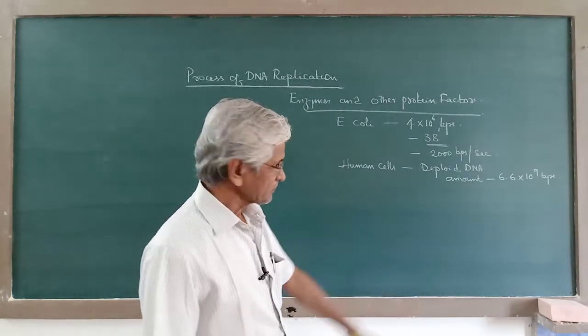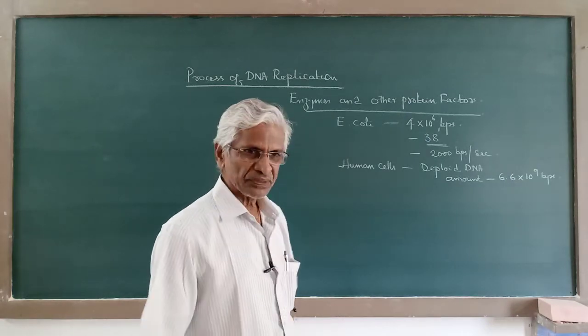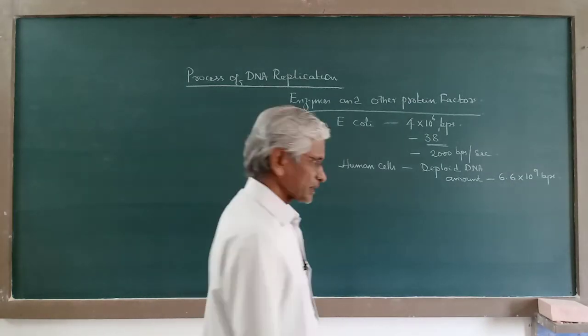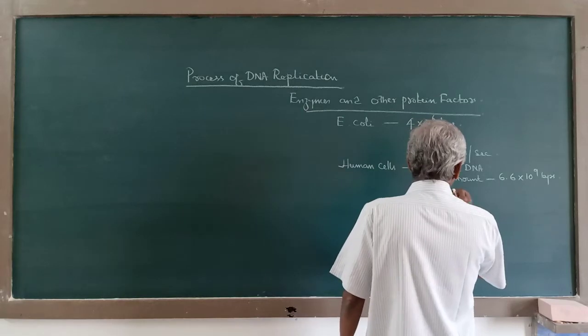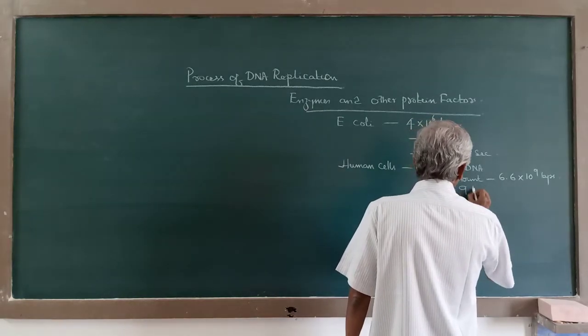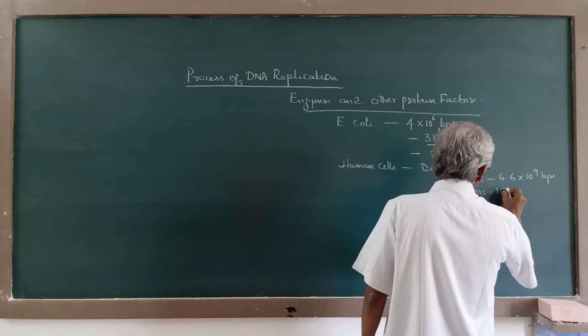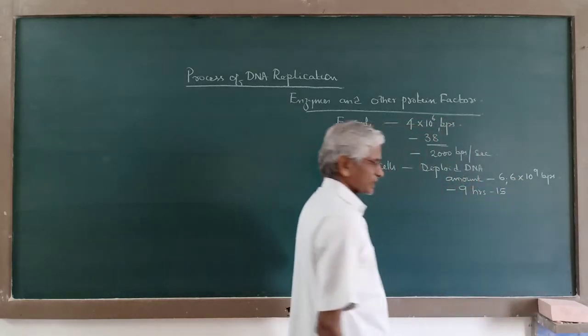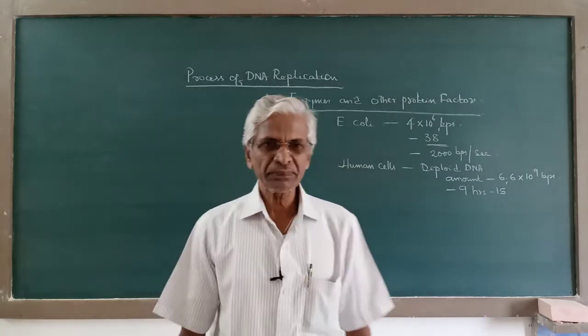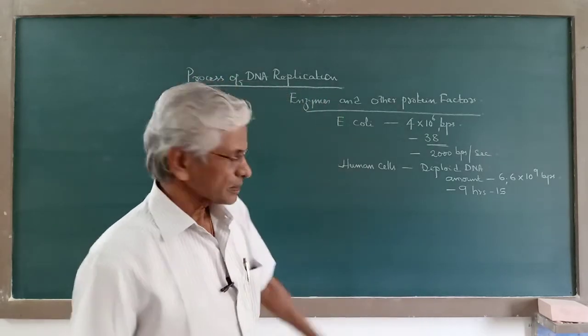Replication of DNA in a human cell completes in about 9 hours 15 minutes.